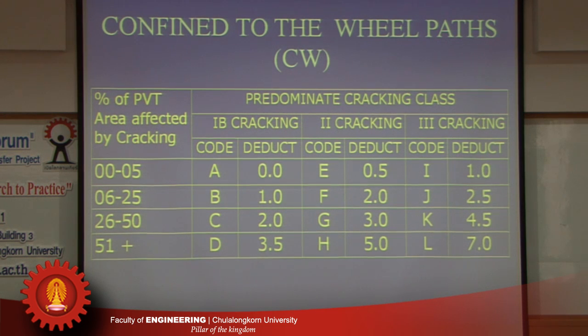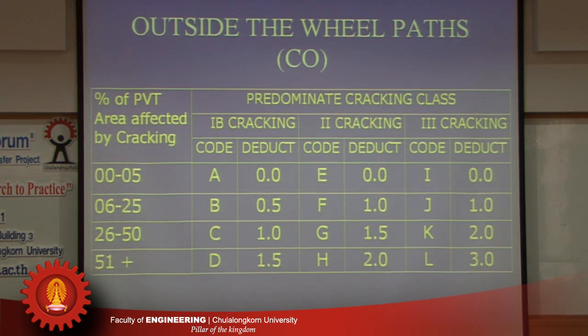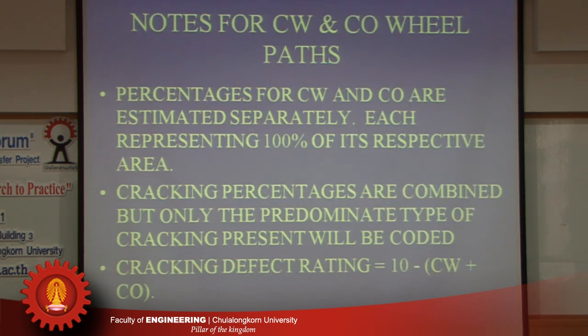The rater identifies the type of crack and the frequency of the crack, and there are deduct points assigned to the combination of crack type and frequency. The same point system is used for outside the wheel path.